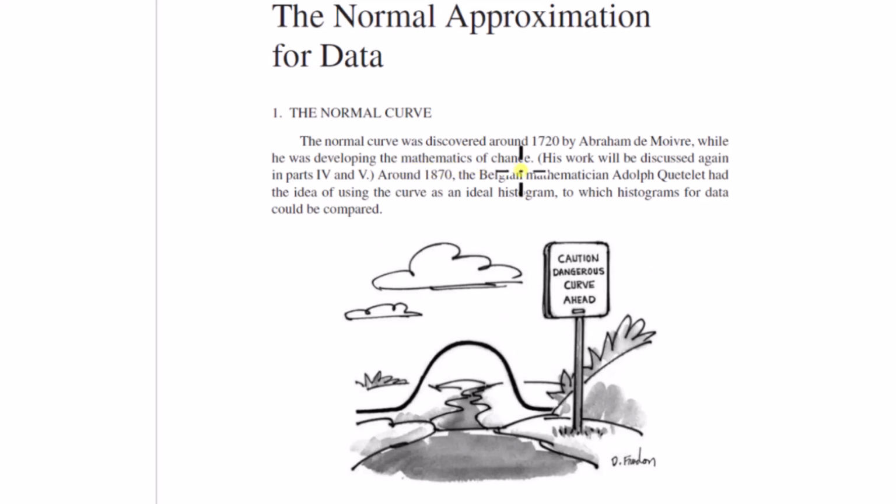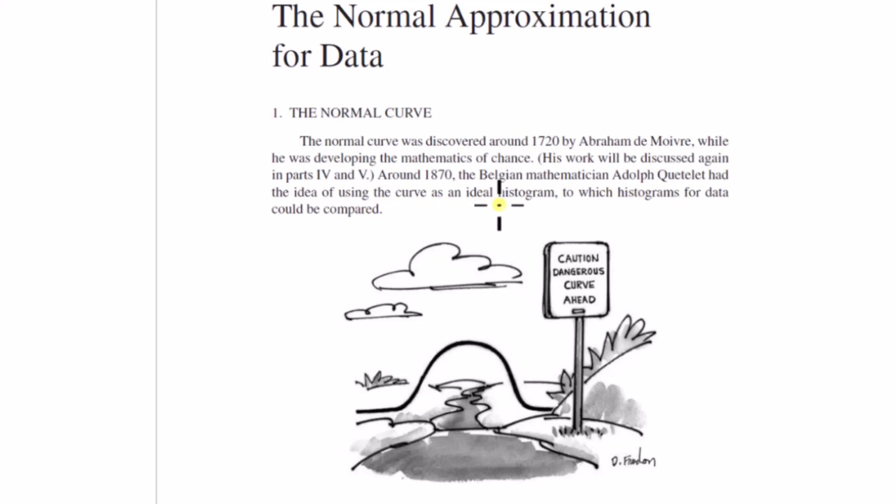That's kind of what we would expect this normal curve to be based on: chance, probabilities of getting certain values, the probability of something being within 1 standard deviation, 2 standard deviations. So I'm sure that was a big factor that Adolphe Quetelet considered, that this comes from the mathematics of chance. And you think about these randomized controlled experiments, the way the data is distributed would be based on chance. And he was right.